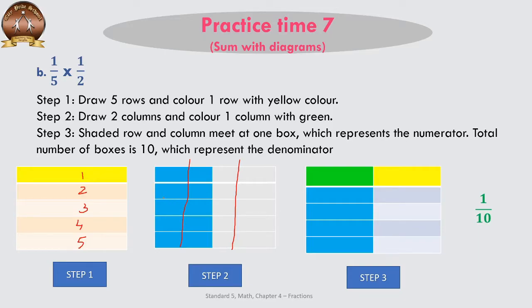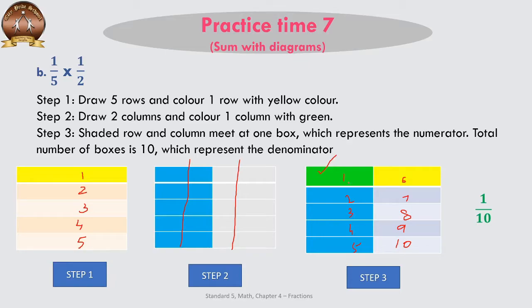When we overlap these two figures, we get the number of equal shapes that are formed: 1, 2, 3, 4, 5, 6, 7, 8, 9, and 10, amongst which the color of only one has been overlapped.